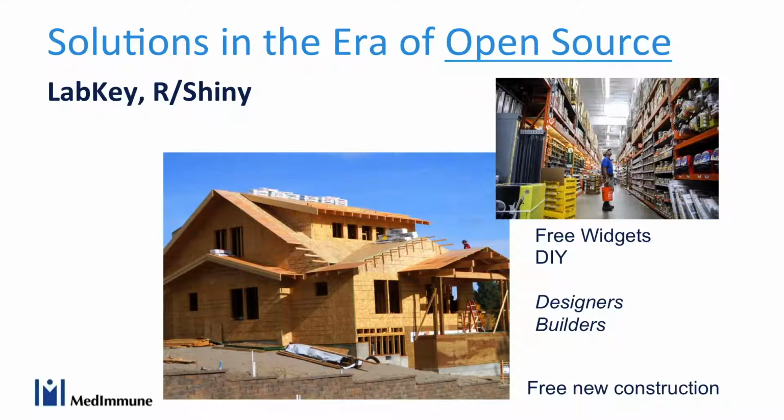So what do you want to do to build your house? You can either do it yourself or have help from a professional, like the folks at LabKey, who are like designers and builders who help build the whole thing. It still takes a lot of effort to go from this point to a livable house, but it's much better than starting from a vacant lot.